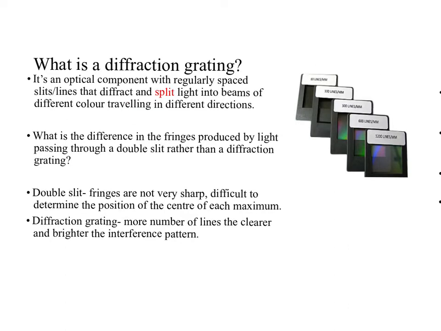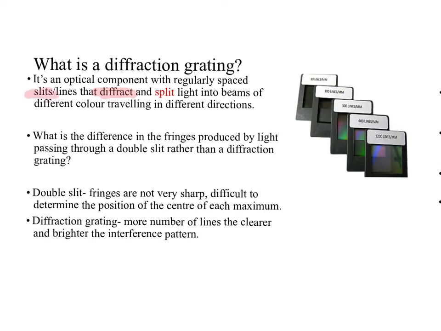So let's firstly start with what is a diffraction grating. Now, a diffraction grating is simply an optical component, so it's this what you see in the picture, that has regularly spaced slits or lines, we call them lines as well, that will diffract, so spread the light out, just to remind you.